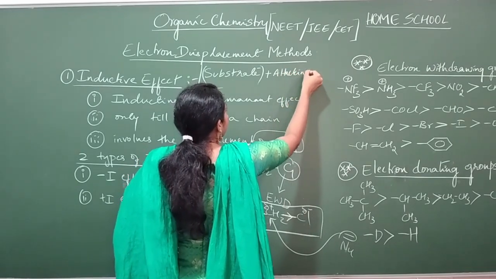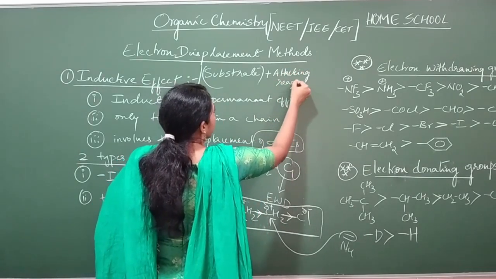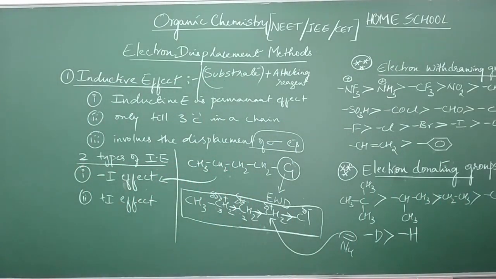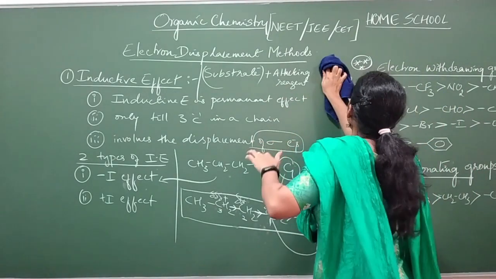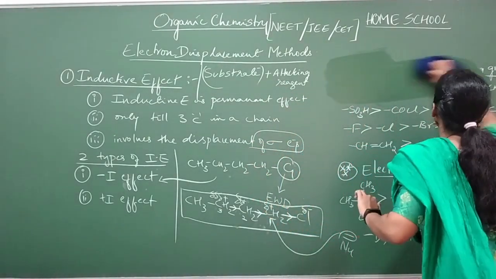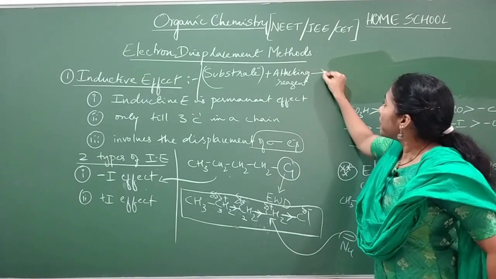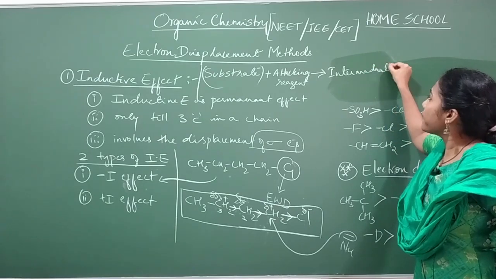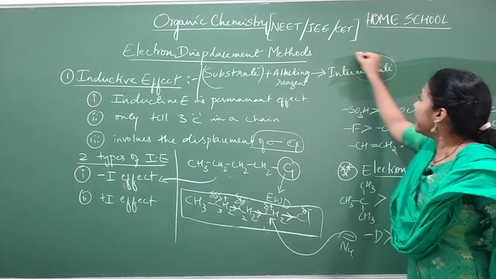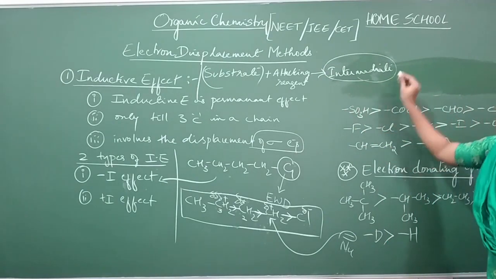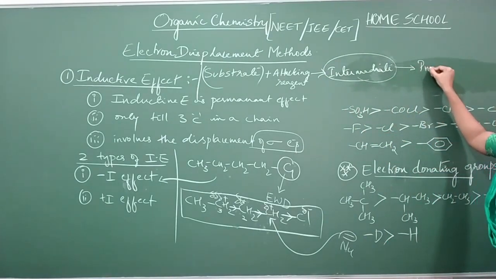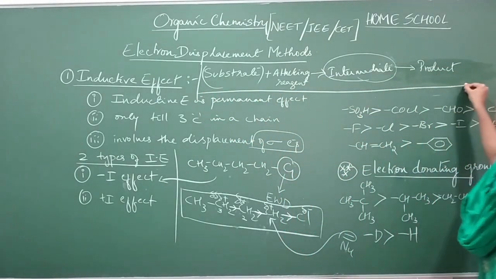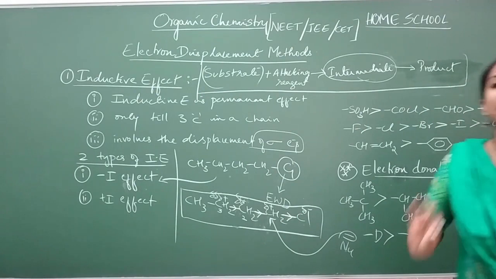Whenever an attacking reagent attacks an organic substrate, an intermediate is formed, and again this intermediate undergoes certain change to give the product. So this is the core mechanism you can observe in any organic reaction.